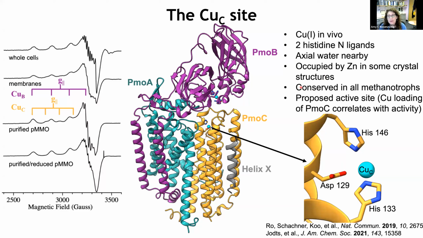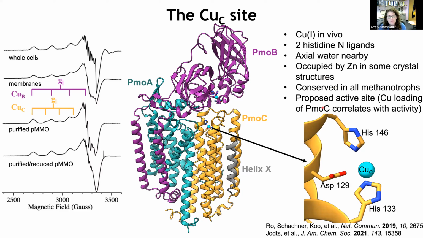This site, in contrast to copper B, is conserved in all methanotroph PMOC sequences. And based on several lines of evidence, our thinking, at least until the story that I'm going to tell you today, was that this is the active site of PMMO.